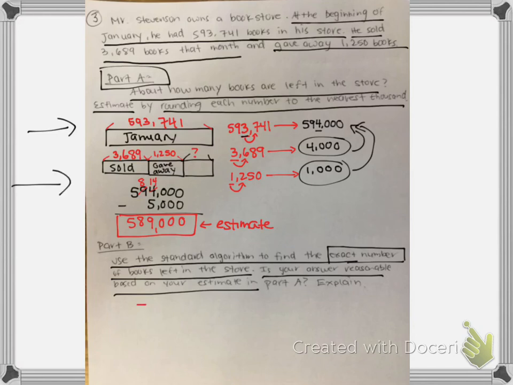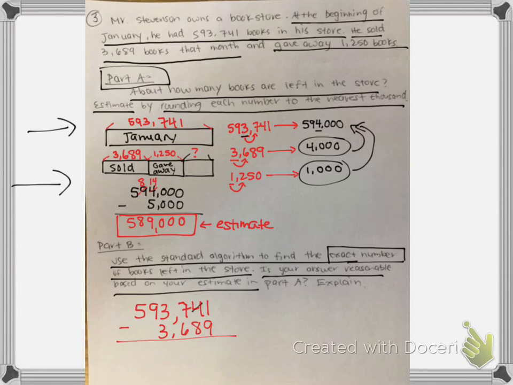So I am going to have my total. I am going to subtract what was sold. And do that math first. Okay? Boom. So now I'm going to look at each place value. So let's do it.